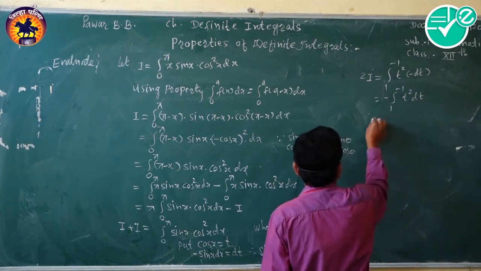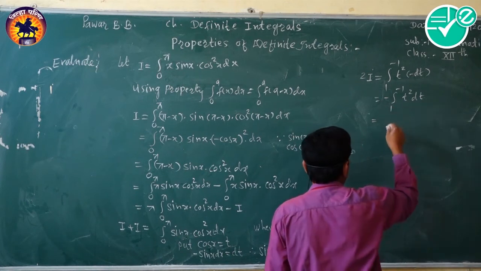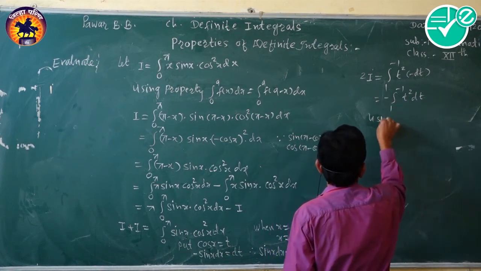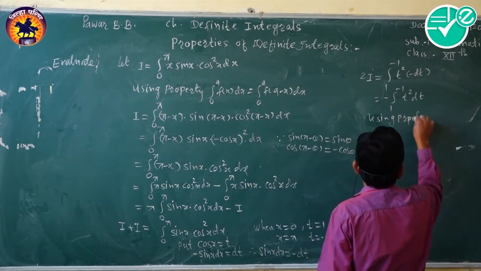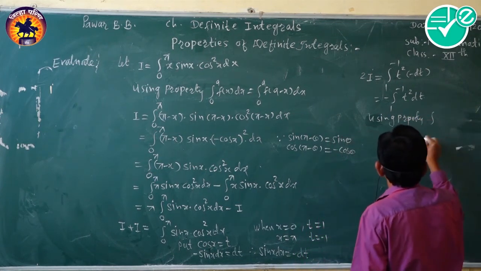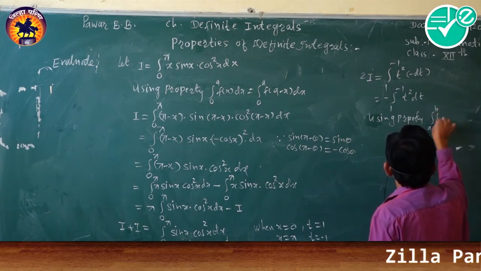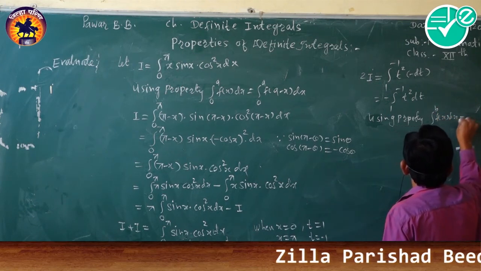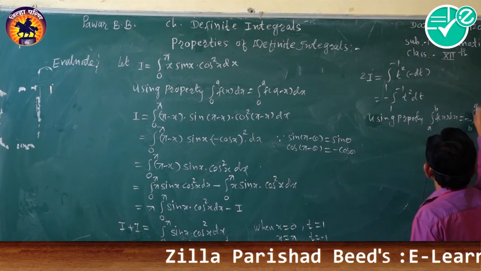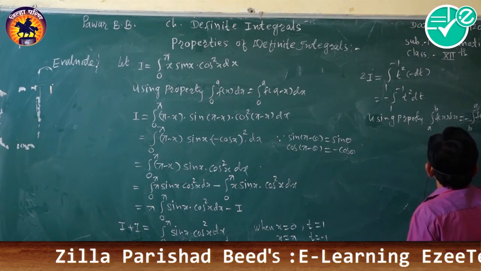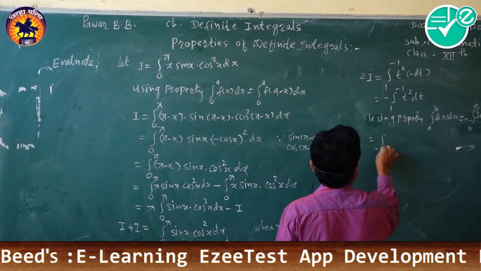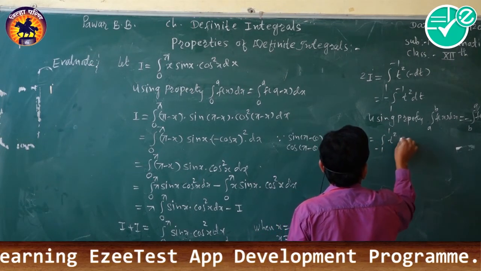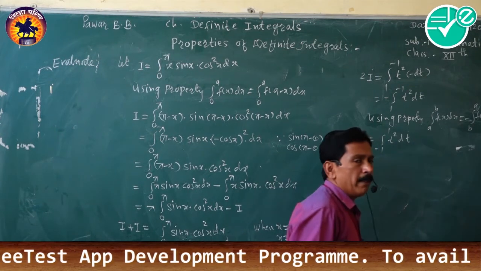Using the property, integration from a to b of f of x dx is equal to minus of the integral from b to a of f of x dx, this will become minus 1 to 1 of t square dt.